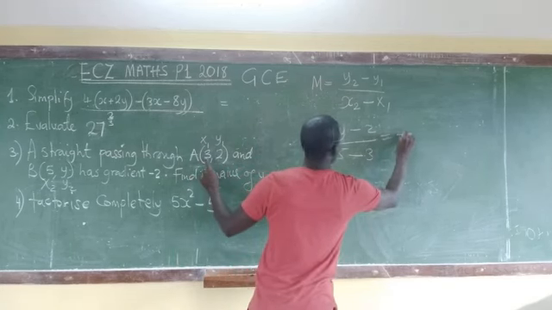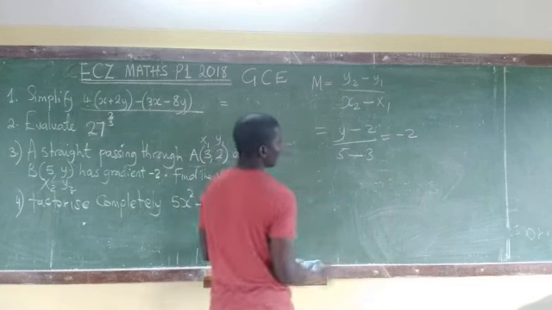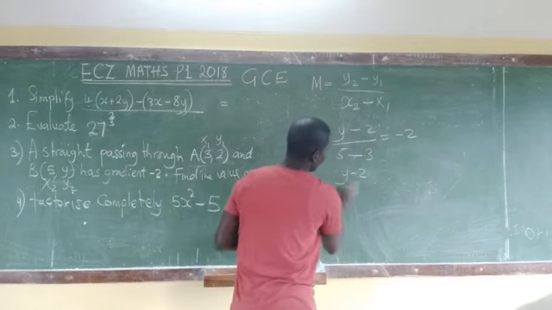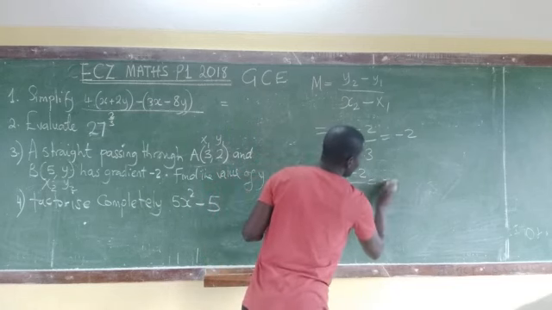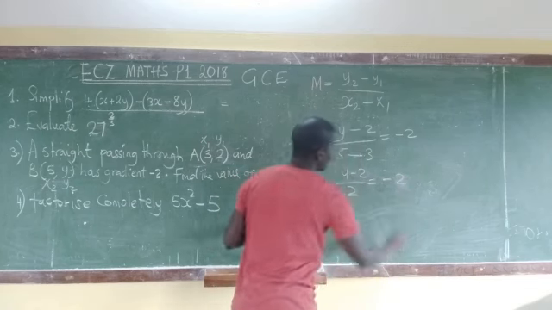This must give us negative 2. Are we together? Then you simplify this, it's going to give you y minus 2 over 2 here is equals to negative 2.